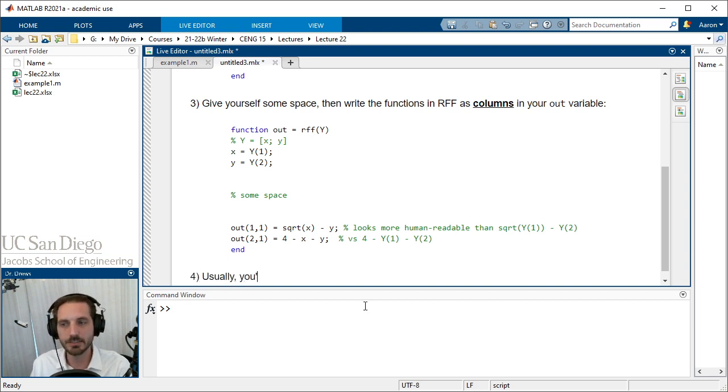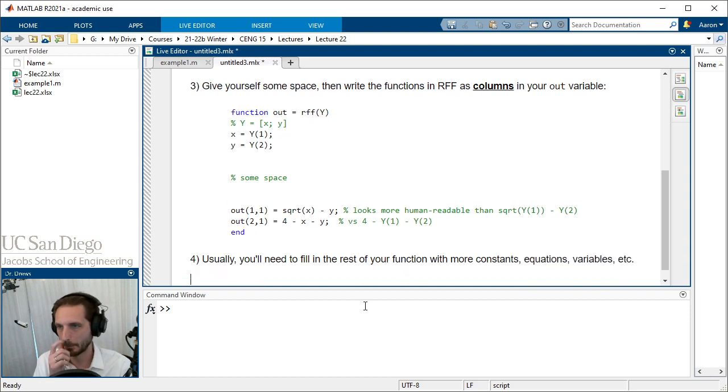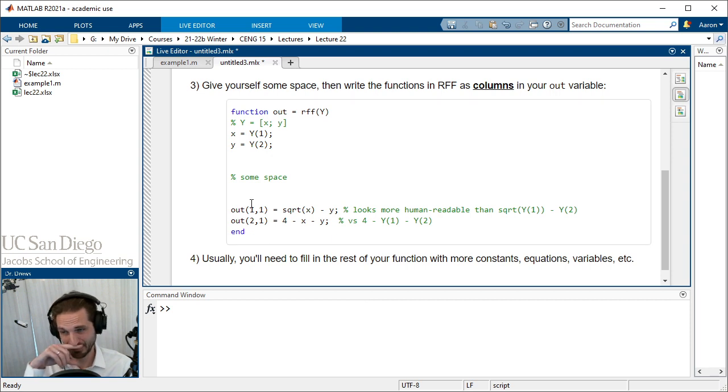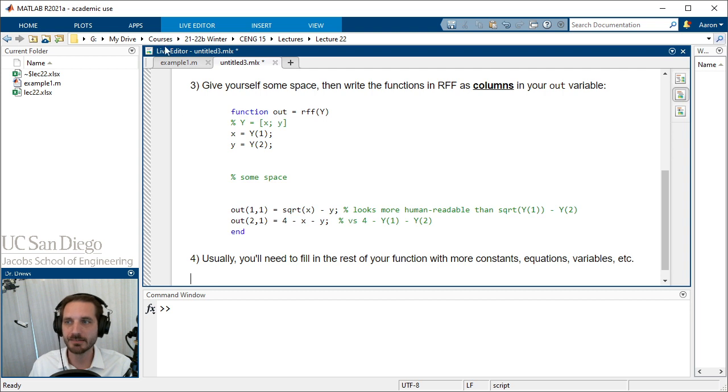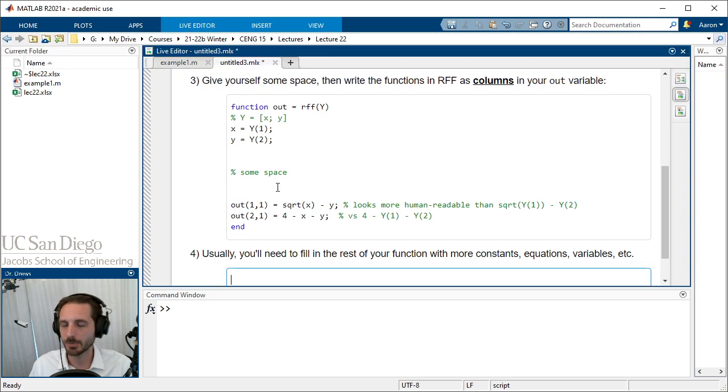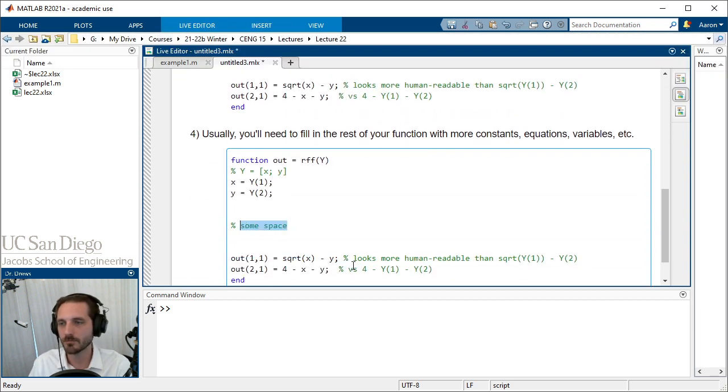Usually, you'll need to fill in some more expressions and constants. Fill in the rest of your script, your function, with more constants, equations, variables, etc. So that's where some space that we gave ourselves previously might be used, things like defining constants.